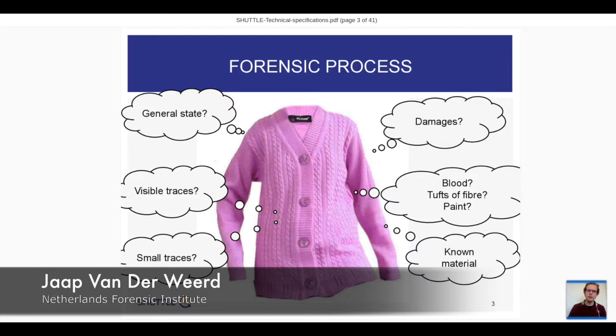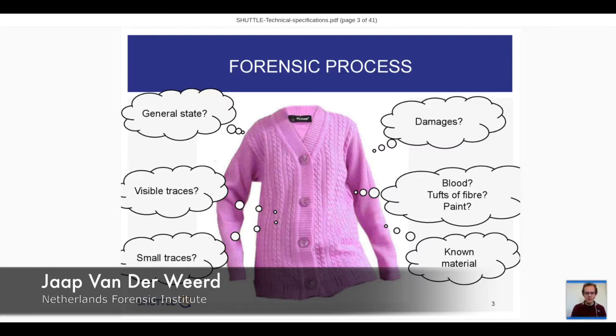Is it new? Are there any damages? Has somebody been stabbed, or is there blood on it? What's the known material? Is it a polyester vest? Is it polyacrylic? Whatever. So there are many things that we think about. But all those questions are based on the garment, on the item we get into our lab.